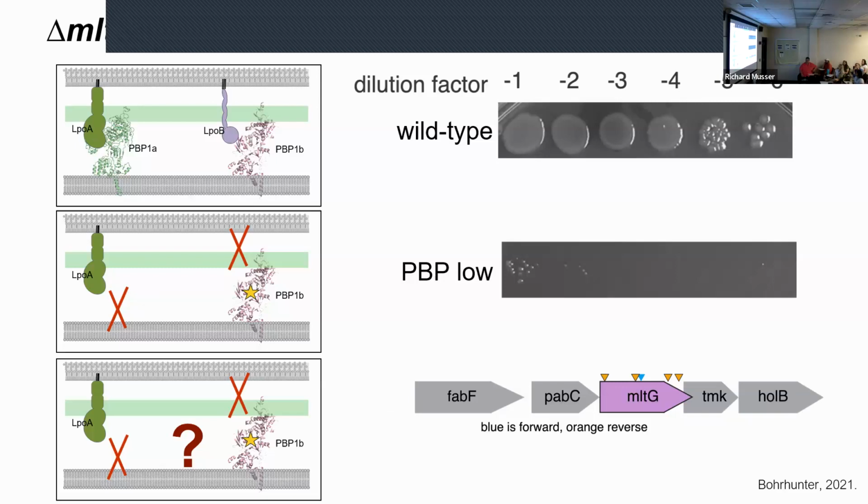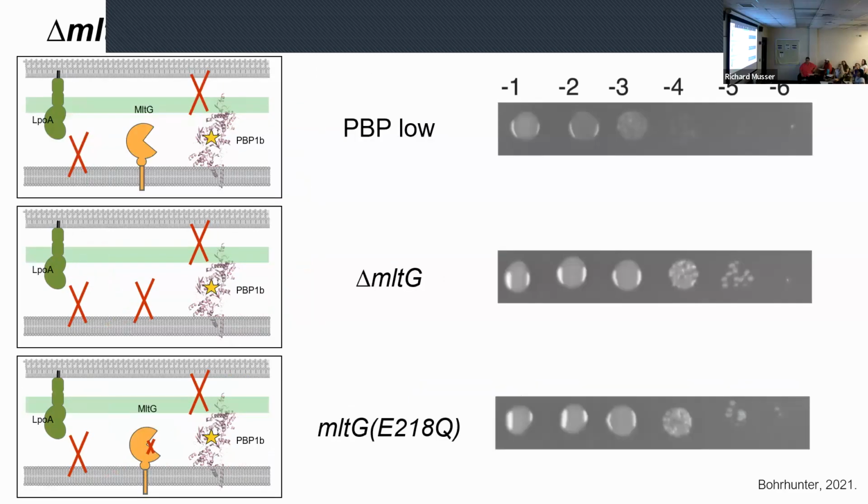So this suggests that MltG is antagonizing peptidoglycan synthesis. And I confirmed this by creating a clean deletion of MltG, which you can see here.